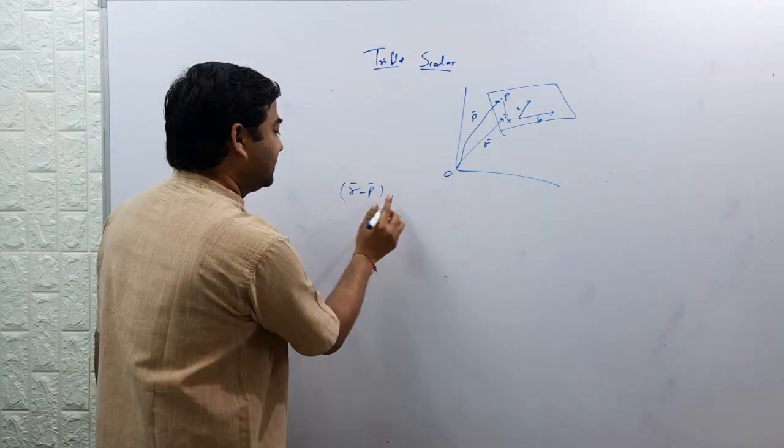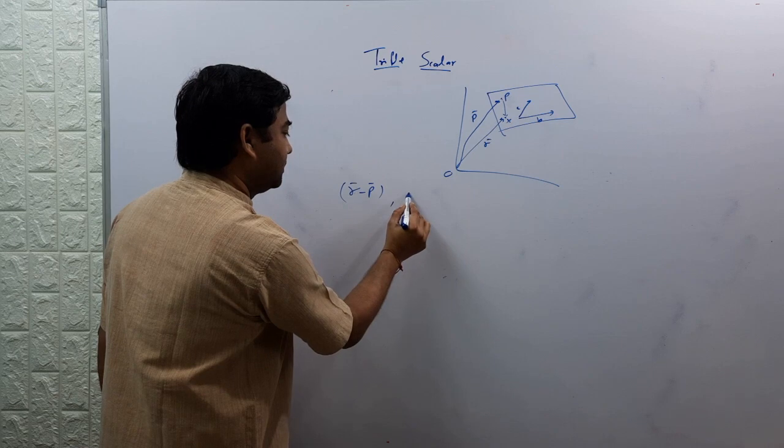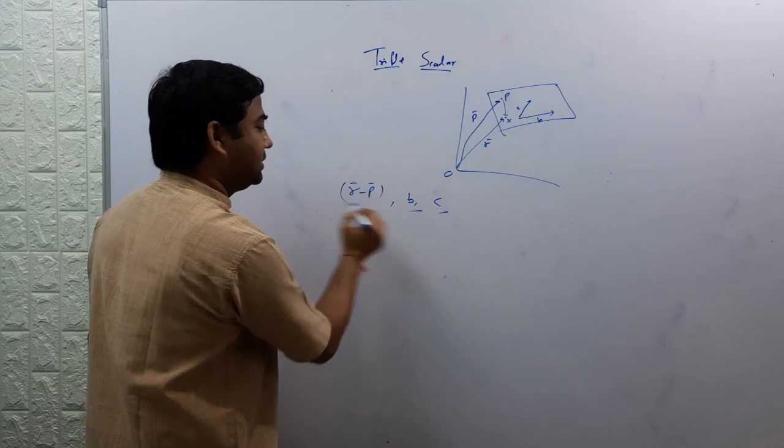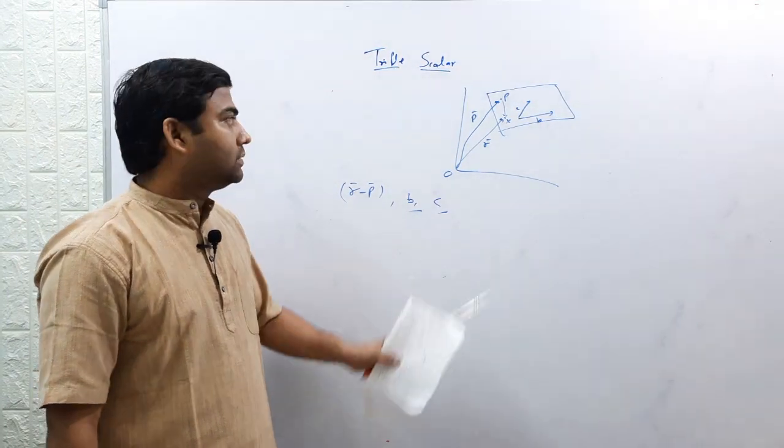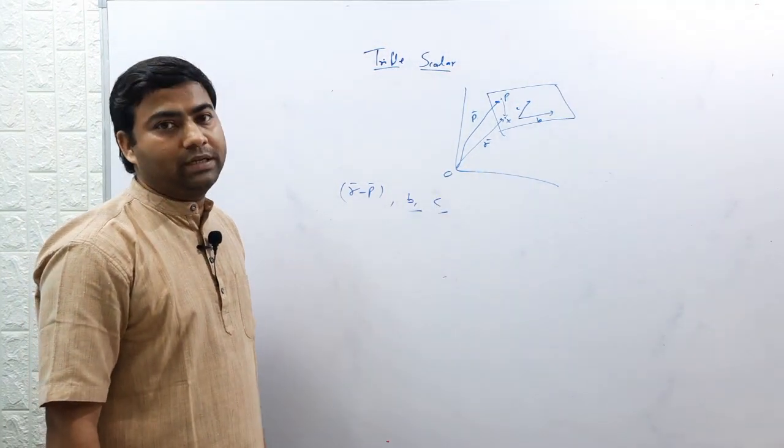R minus P, B and C, these all three vectors are coplanar vectors.